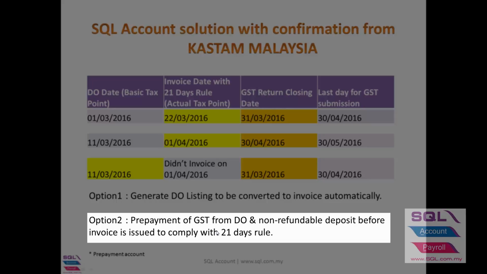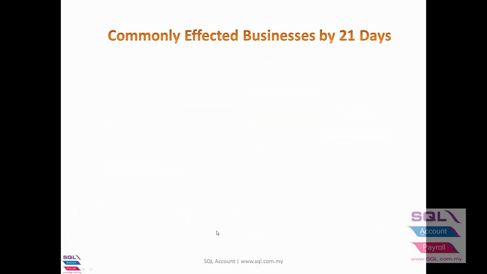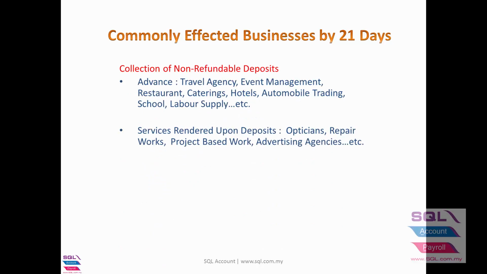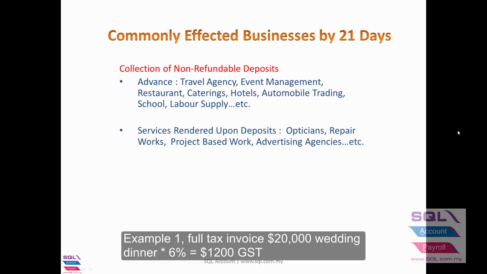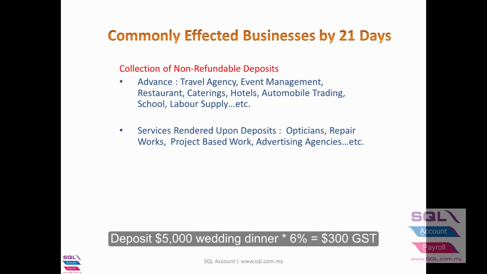The reason we give clients an option 2 is because some industries will not be able to generate an invoice immediately within 21 days. Example, a travel agency, a restaurant, or those companies that collect a lot of deposits without generating an invoice. Let's say a wedding dinner will be held next year, 13-14 months later, and will the restaurant generate an invoice today?